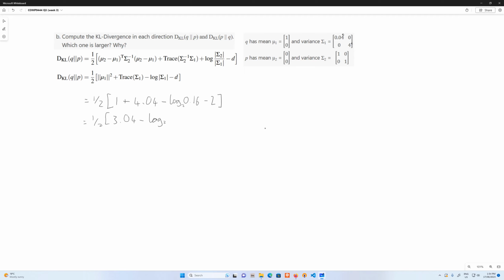Minus log 2, 0.16. And I'll need my log calculator for this one.